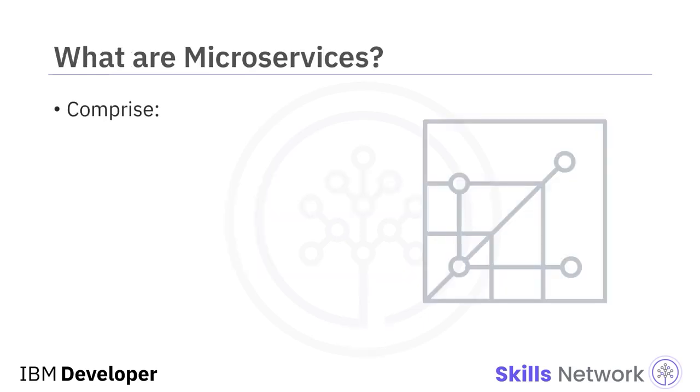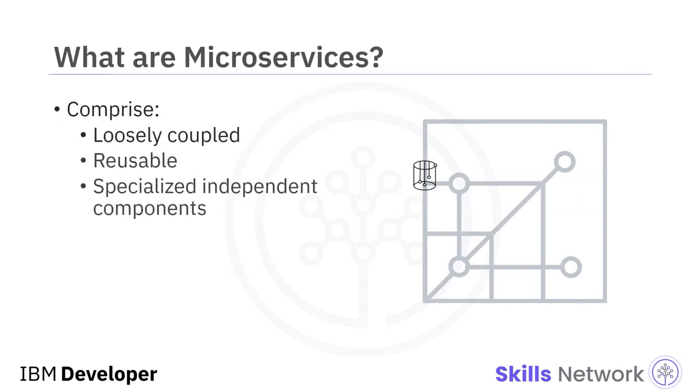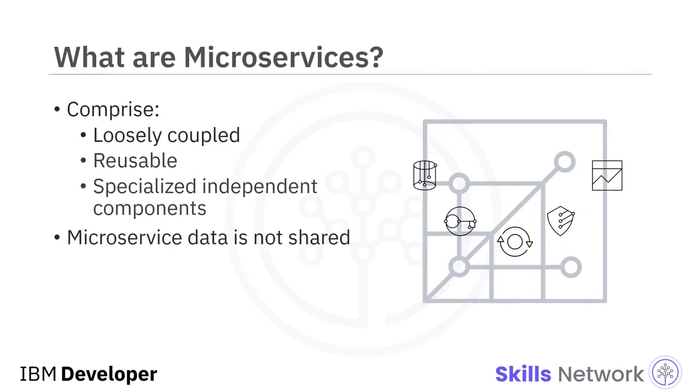Like SOA, microservices architectures comprise loosely coupled, reusable, and specialized components that often work independently of one another. And even the data in a microservice is not shared with other services, which helps you to scale individual microservices independently. And being independent also means you have the liberty to select the underlying technology.